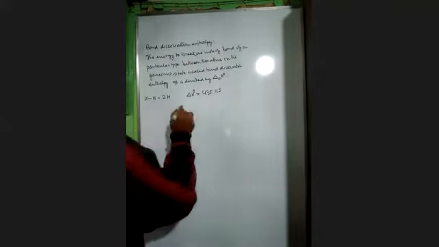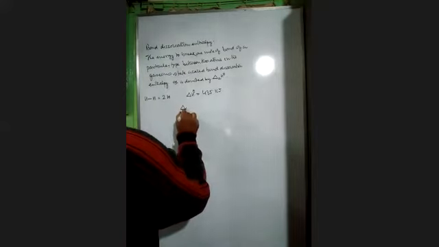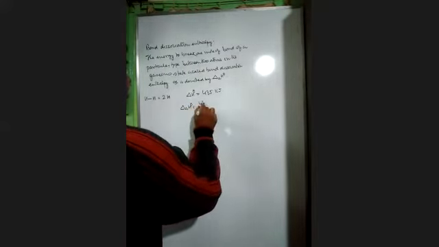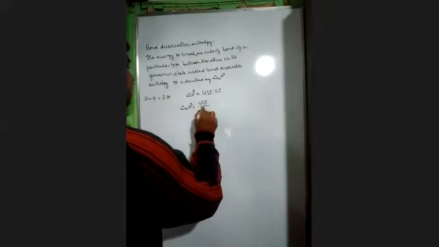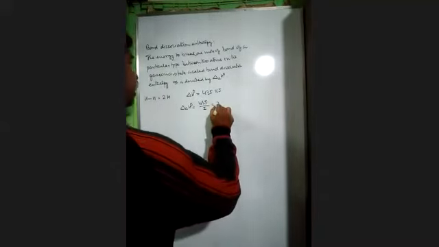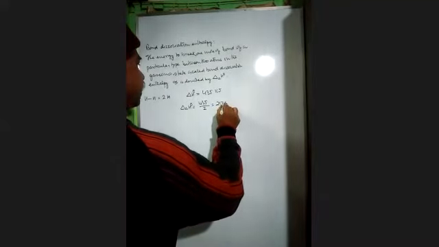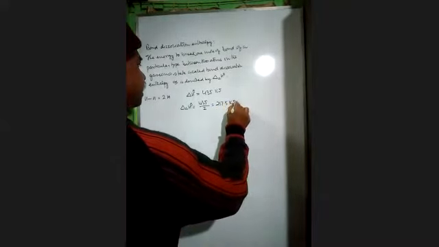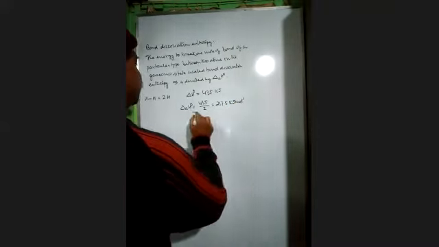But I have to find for 1 mole. So in that case, I write delta H naught is 435 divided by 2. So it is 217.5 kilojoule per mole. All right, understood?